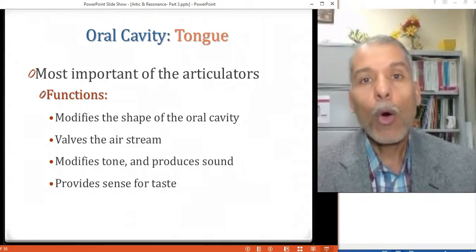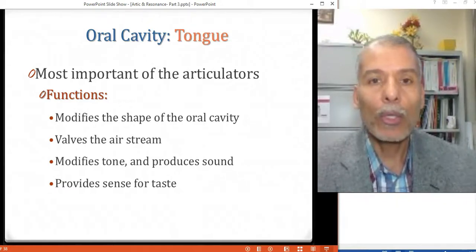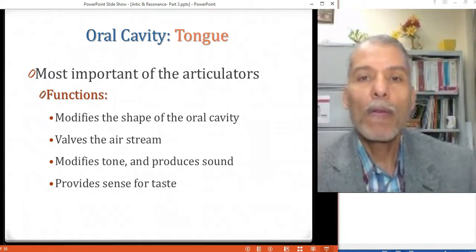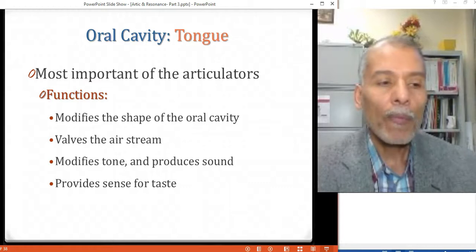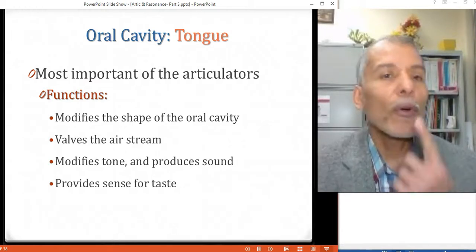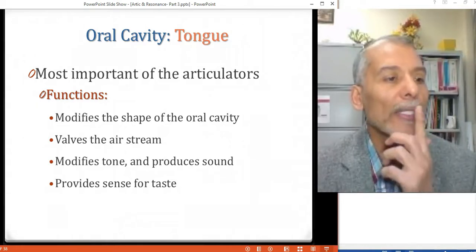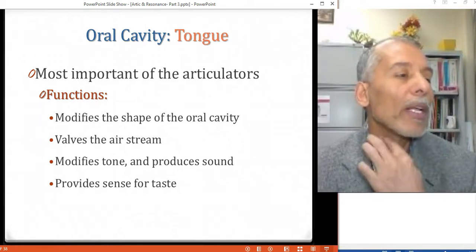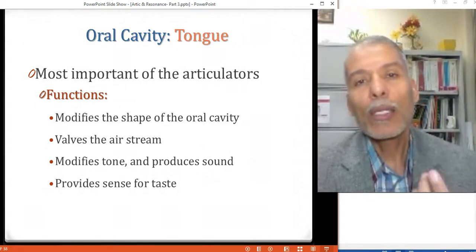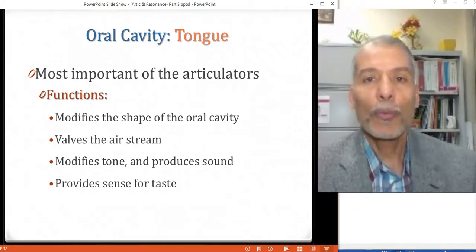Of course, all vowels. The tongue shapes all the vowels, 14 vowels. Think about the consonants. Begin from your lips and say all the sounds until you go to the very end, to the vocal folds. What sounds does the tongue contribute to?